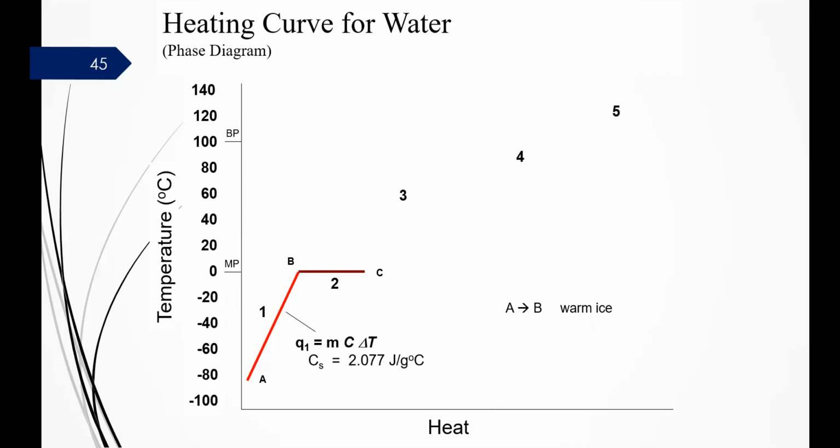Now that we've made it to 0 degrees Celsius, the melting point of ice, all of the energy we put in next isn't going to change the temperature. It's going to melt the ice. That has an enthalpy related to it, the delta H of fusion, which is the enthalpy that comes as you go from a solid to a liquid.